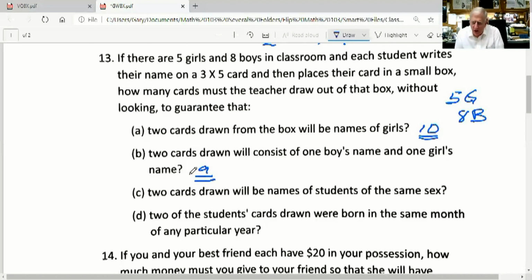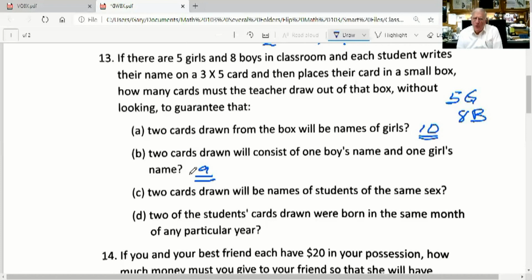2 cards drawn will be names of students of the same sex. Okay? So she either can get 2 girl cards or 2 boy cards. Doesn't make any difference which, right? They have to be the same sex.